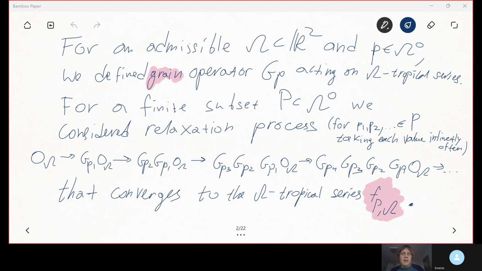And the important thing is that for different points, those operators do not commute. So you apply one, then the other, and it's not the same as the other way around.